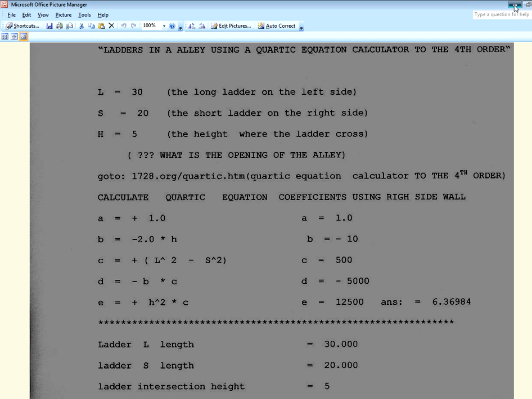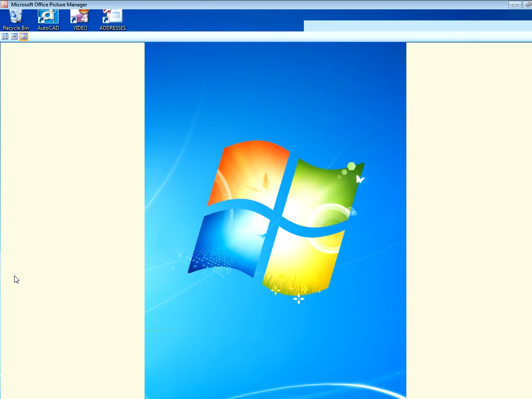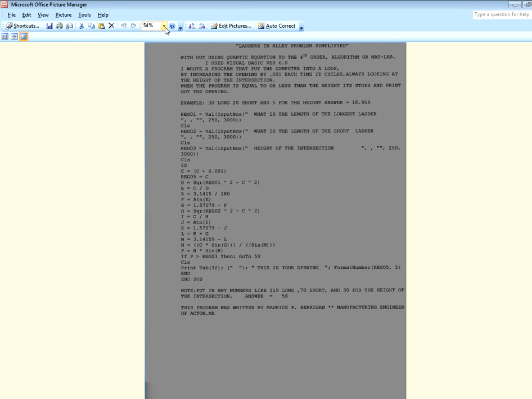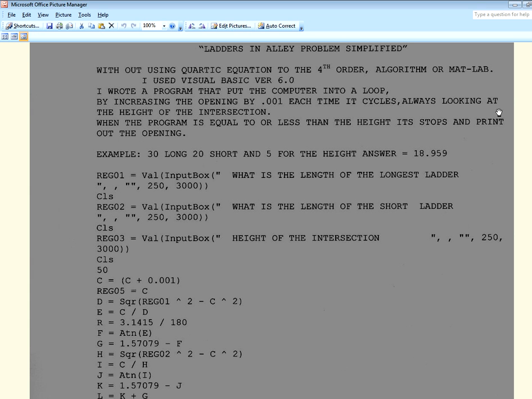Okay, now we're going to do the Visual Basic. Okay, let's see if we can make it a little bit bigger here. Okay, here we go. Now, this program is written in Visual Basic. And what I did, I threw the computer into a loop.